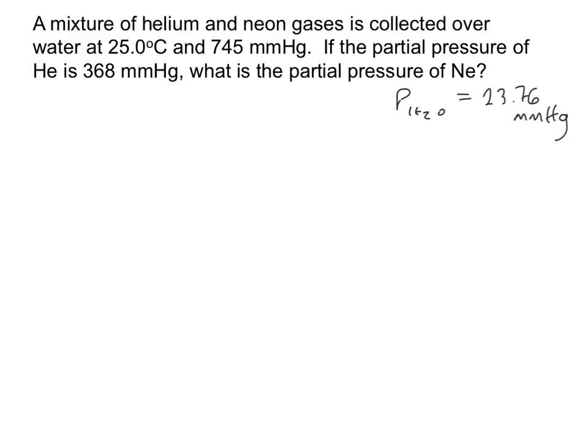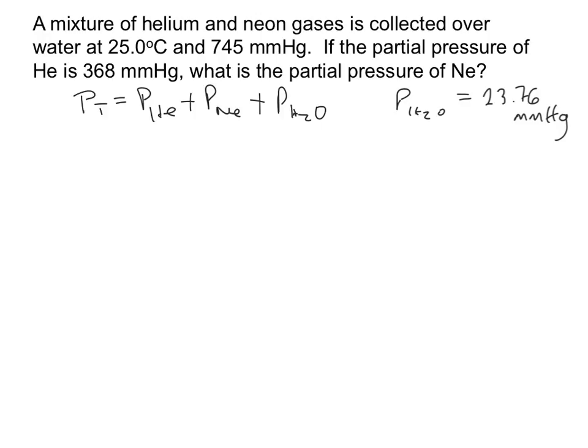Okay, so in this process, we were told that we are collecting over water at 25 degrees C. So we know that our equation is going to be as follows. Plus P of H2O, right? Because we're collecting over water.